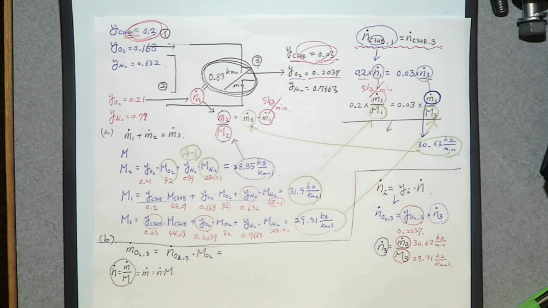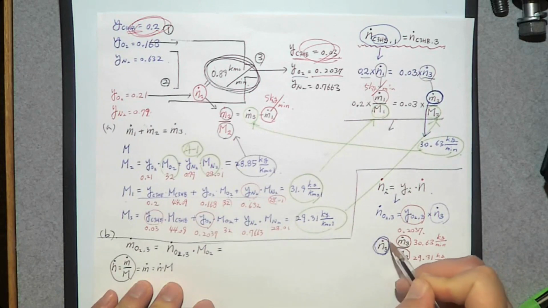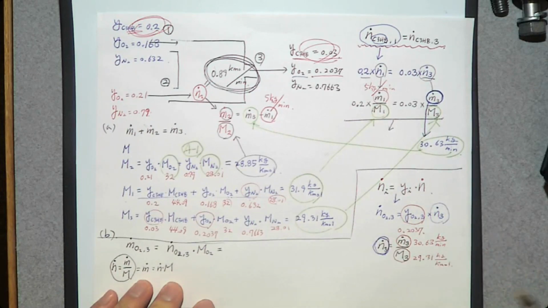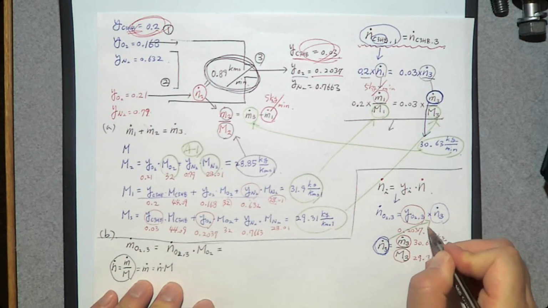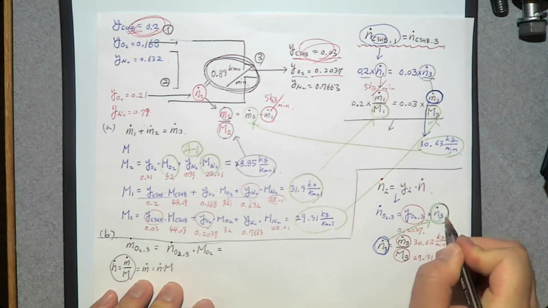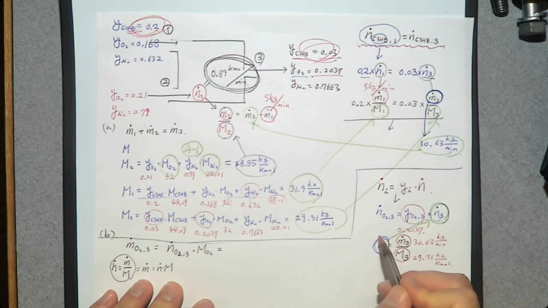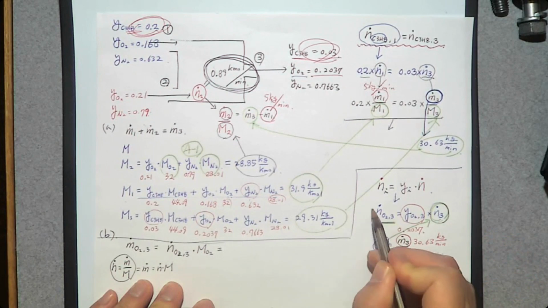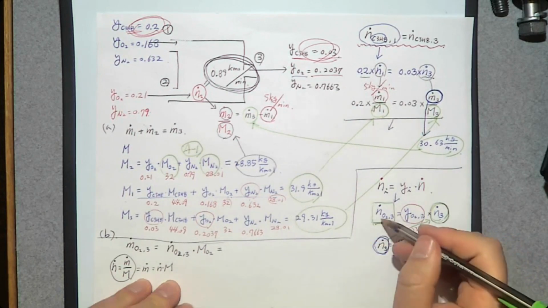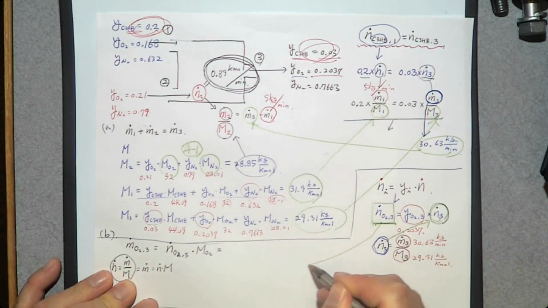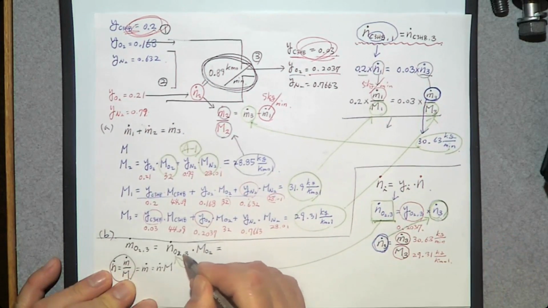And do I have it? I don't. But once you calculate this one, it will go into this equation here. That will give us N dot of oxygen at number 3. This one goes back to this original equation here.